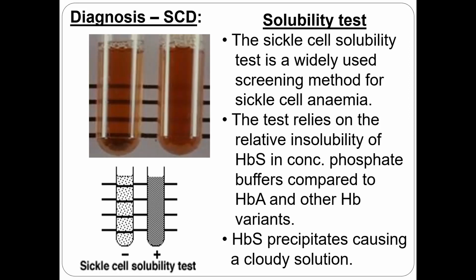That is why C is closer to A and doesn't sickle under sodium metabisulfite. And even then, when you do sodium metabisulfite and the person is SS, almost all the cells will sickle, but when the person is AS, not all of them sickle. That is also a fact.